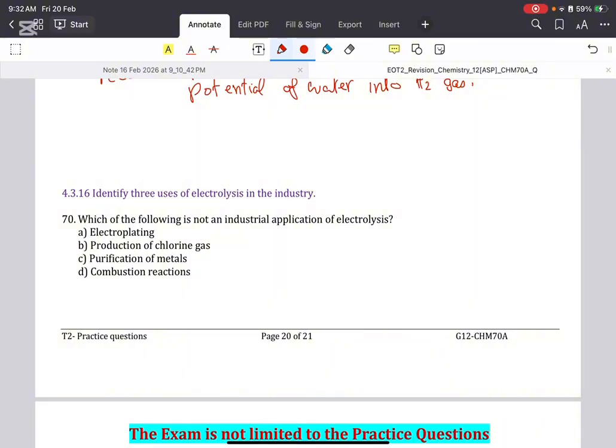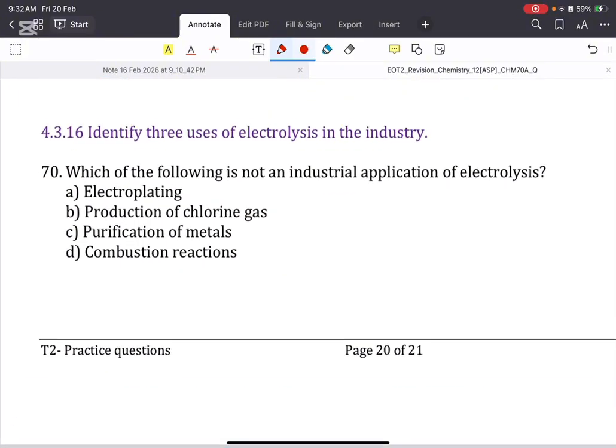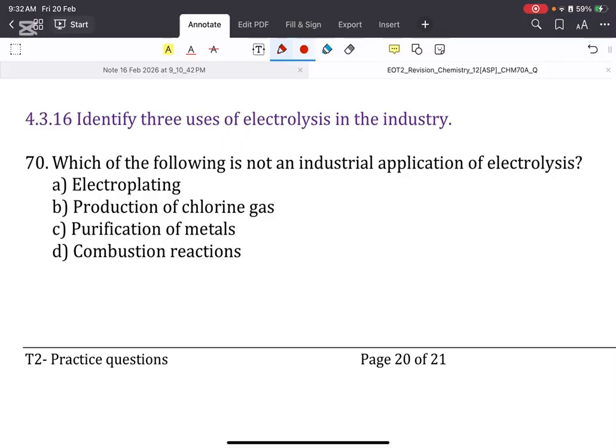Now, identify 3 uses of electrolysis in industry. Which of the following is not an industrial application of electrolysis? Electroplating is a use of electrolysis, so this is correct. Production of chlorine gas, yes. Purification of metals, so I can purify a metal.